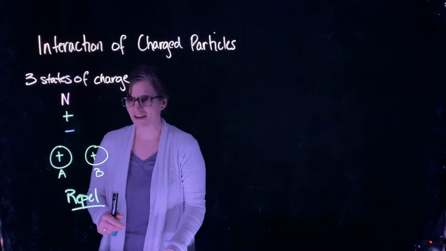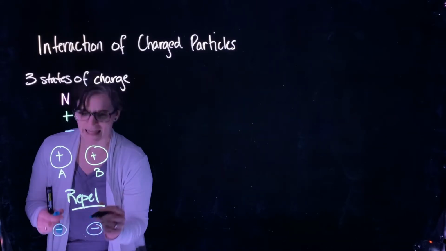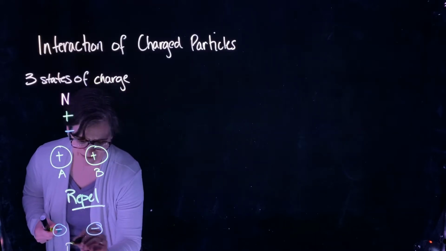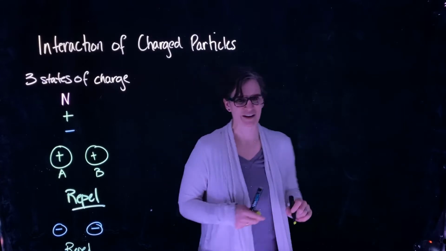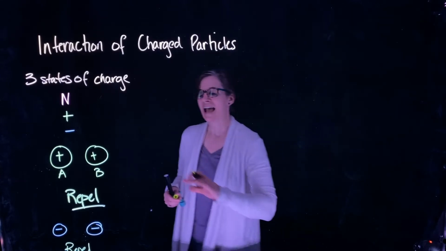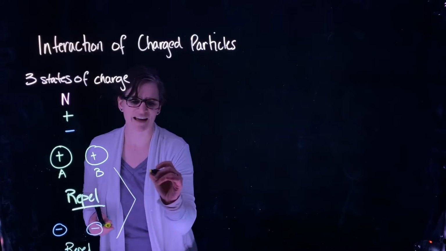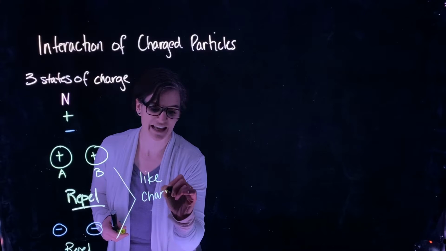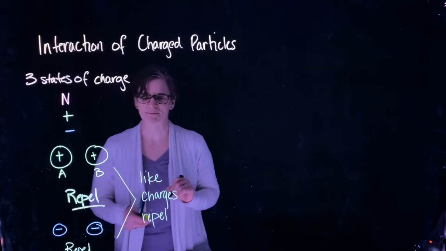Similarly, if I have 2 negatively charged particles, they too will push each other away. Negatively charged particles also do not like each other. They repel. And if we generalize this idea, we find that like charges, charges of the same sign, repel one another.